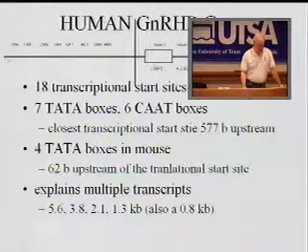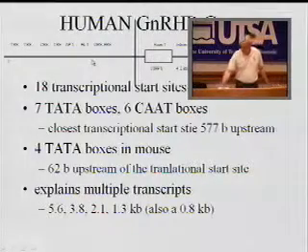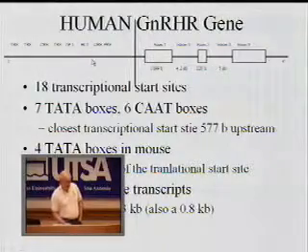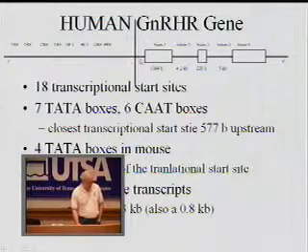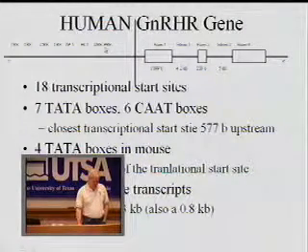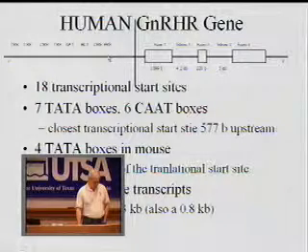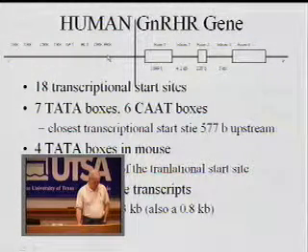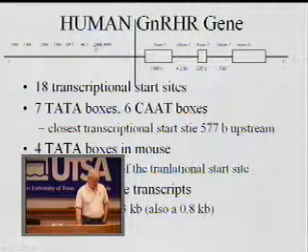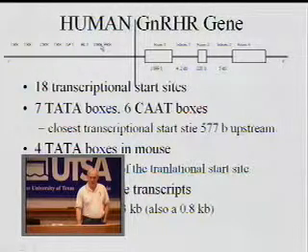So let's consider the human Gnrh receptor gene a little bit. We're showing it here. First, we go to the promoter region. We see that there's a progesterone response element that has been identified there as well. I don't think that was on the previous one. The glucocorticoid response element.